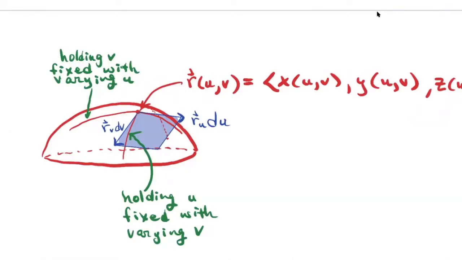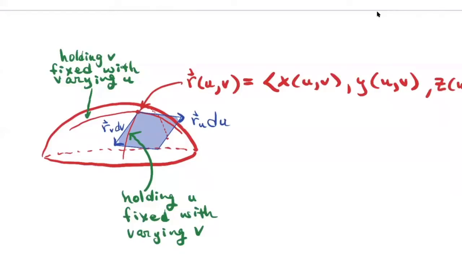And so those two differential vectors, that's like a dr is what we used to do with curves. dr was just r prime times dt. Well, the parameters are du and dv, so we have to say R_u du and R_v dv, which is just like doing r prime times dt, but in two different directions. So those become our differential vectors.